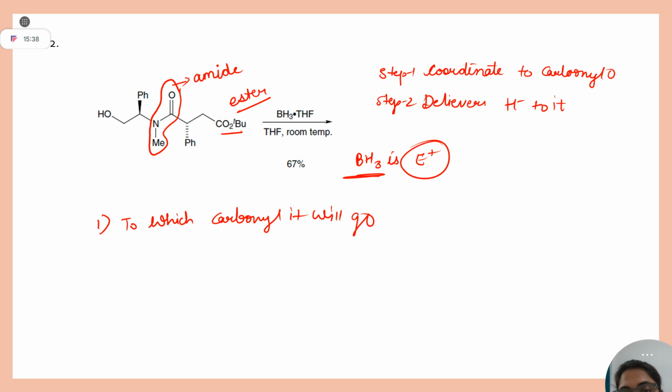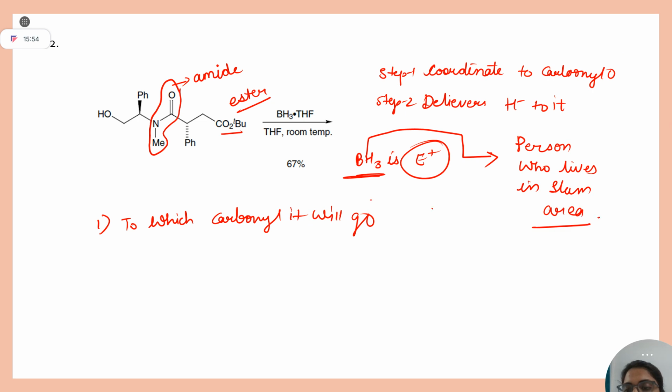Let's say this BH3 is a person who lives in a slum area. It is that poor. And you have an amide and you have an ester.